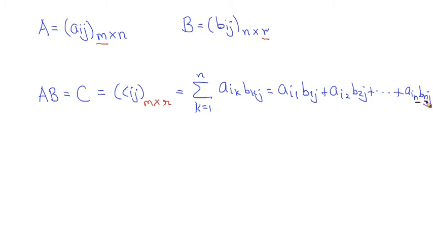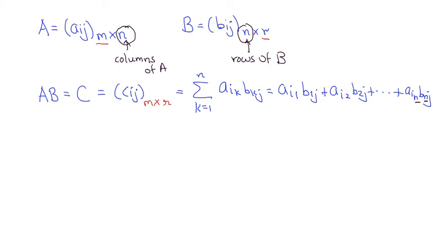This n must be the same as this. Then only we can multiply these two matrices. That means the number of columns of A must be the same as the number of rows of B. If the columns of A are the same as the rows of B, then we have AB.